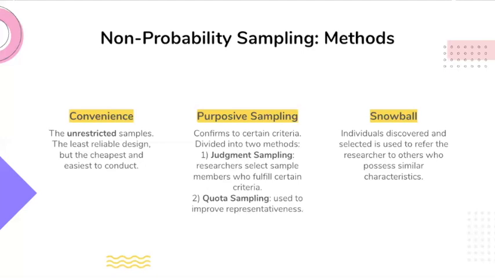These individuals then refer us as the researchers to others who possess similar characteristics, and it's basically like a snowball. They refer us to other people, and those people recommend us to other people that also possess the similar characteristics we are looking for in order to complete our study.